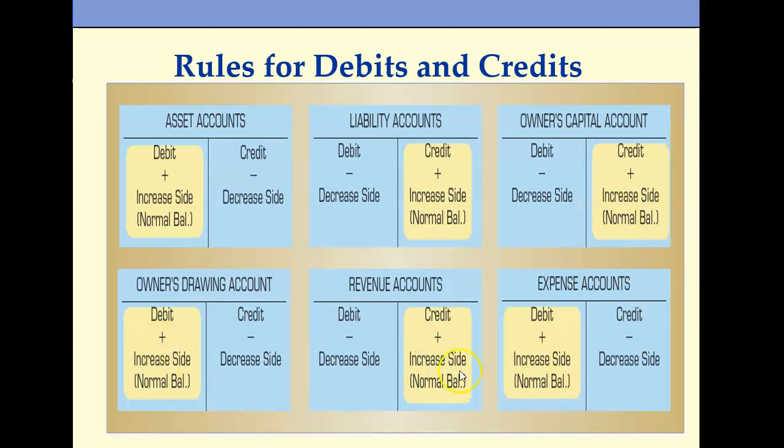Whereas a withdrawal or expenses will cause a decrease in your total owner's equity. Therefore, drawings and expenses increase on the debit side because an increase in withdrawals or expenses will decrease your total owner's equity.